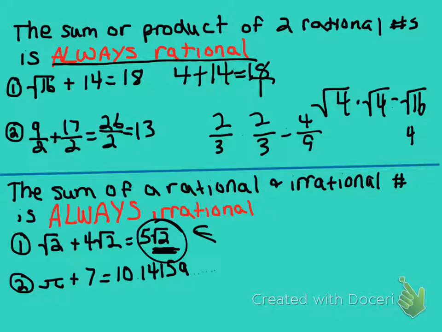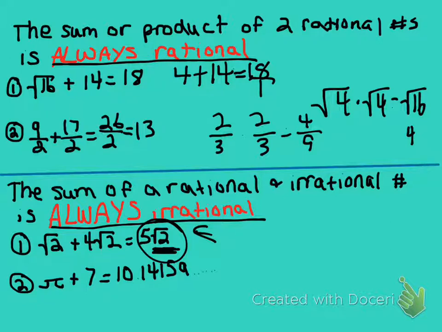Make sure that you have those straight. When you add or multiply two rational numbers, you're always going to get a rational number. When you add a rational and an irrational number, you're always going to get an irrational number. These are some things that you need to memorize and think about why they make sense.